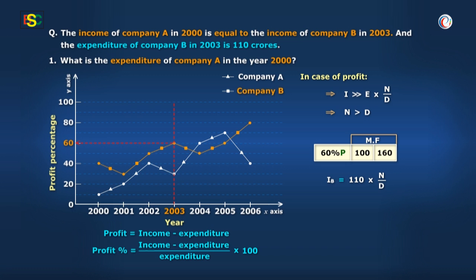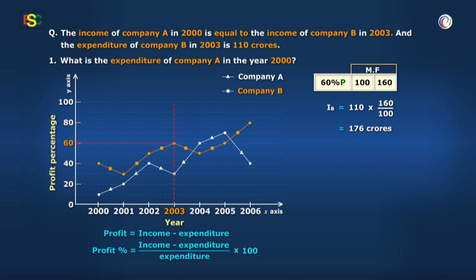Thus, the income of company B in 2003 becomes 110 into 160 upon 100 equals 176 crore. So true. Further, in the question, the income of company B in 2003 is given the same as the income of company A in 2000 equals 176 crore.